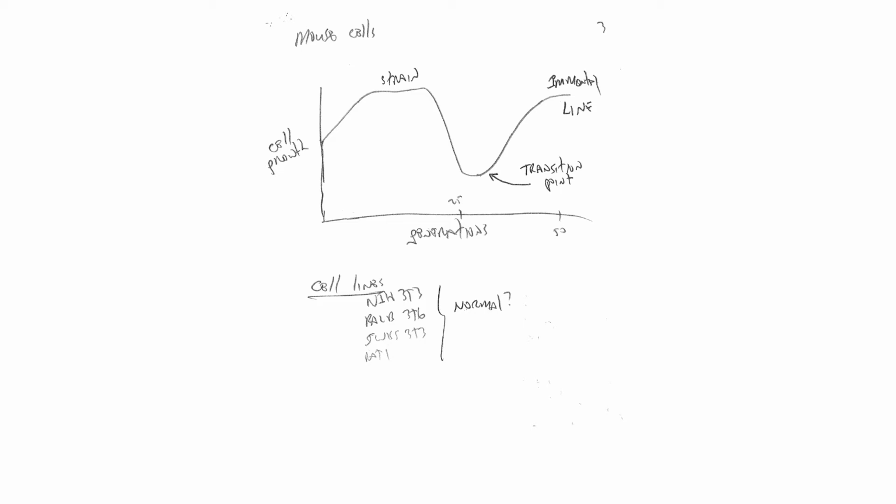So cell strain, either in human or mouse, is a temporary growth of the cells, and the cell line is more permanent. So all the cancer cells, HeLa cells, are cell lines. And these immortal mouse lines are grown in culture for long periods, and so people use those for research.